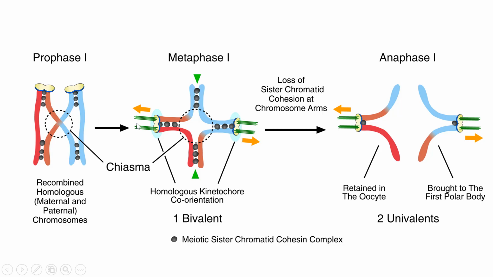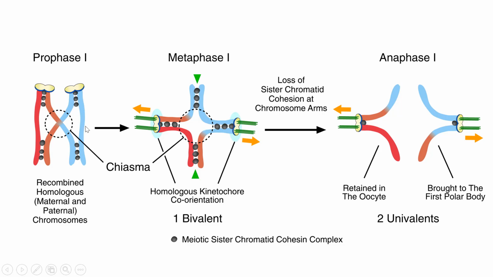And the way it does that, if you look here, there's a set of microtubules attached to one of these chromosomes made up of sister chromatids. There are microtubules attached to the other set of chromatids that make up this chromosome. In mitosis, you would have a set of microtubules attached to either side.